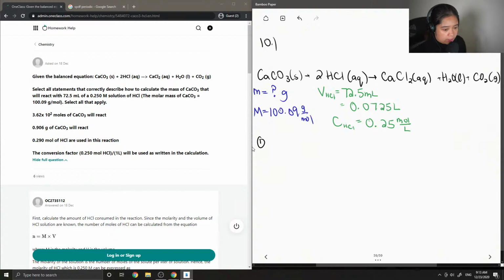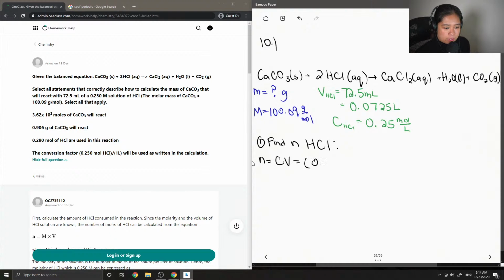So the first step is to find the number of moles of HCl. To find the number of moles, you just multiply concentration by volume.